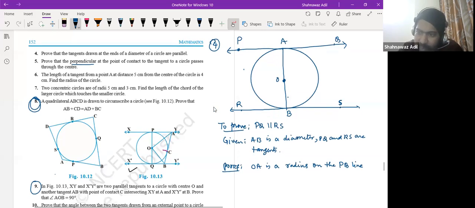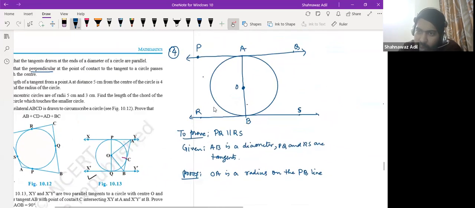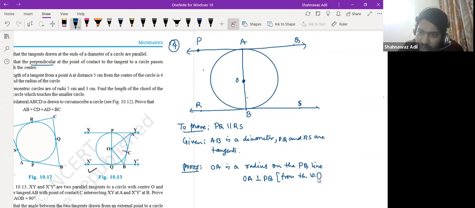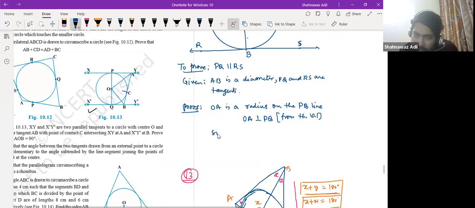Then from theorem 10.1 we can say that OA is perpendicular to PQ. Similarly, we can also say that OB is perpendicular to RS from theorem 10.1.